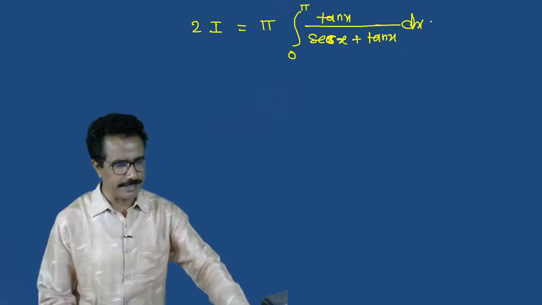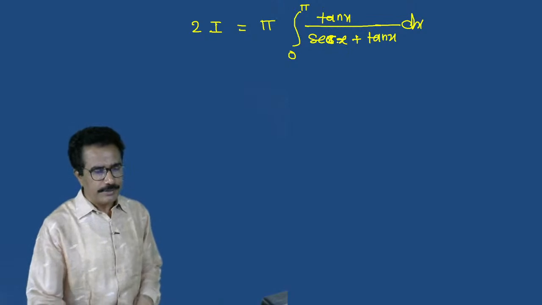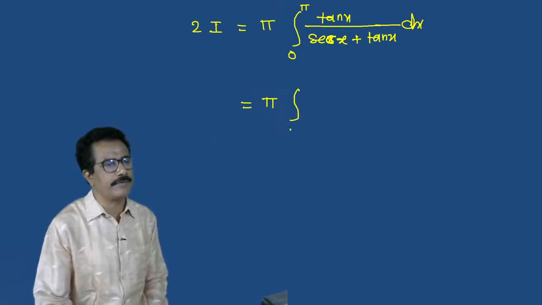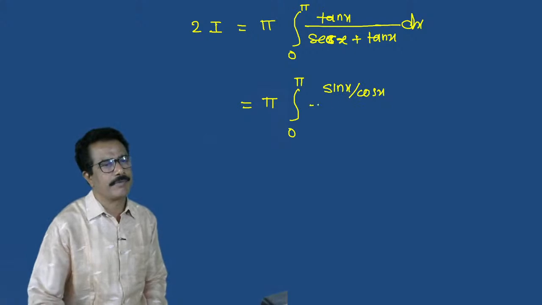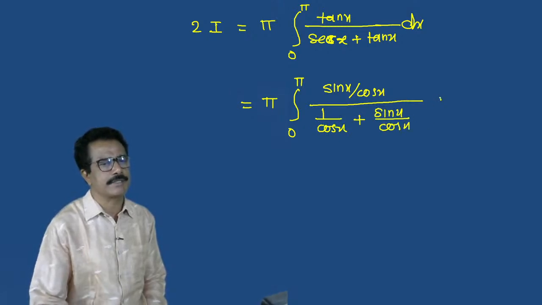Now we can convert this into sine and cos. So pi times integral from 0 to pi, tan x means sin x divided by cos x, upon sec x means 1 by cos x, plus tan x means sin x divided by cos x, dx.